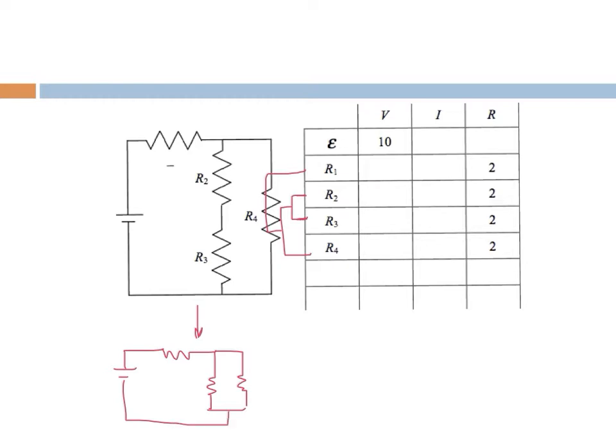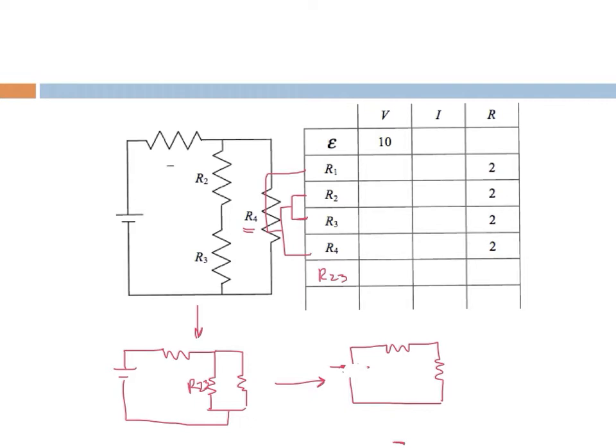Again, if I simplified R2 and R3 and got R2,3, this is what it would look like. If I went ahead and simplified it again by combining R2,3 and R4, then my circuit would look like this.